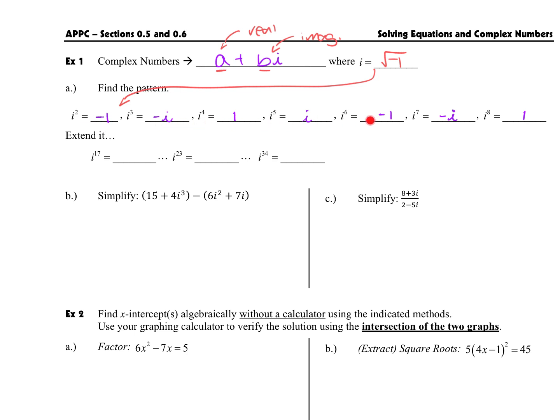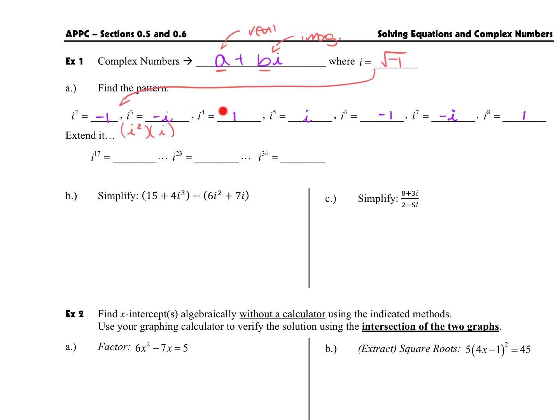Now, where did I get all of the rest of these? We're going to use this to find this pattern. Working with our exponents, rewriting i cubed, we can understand that this would be i squared times i. But i squared, we just said, is -1. So -1 times our i is our -i.